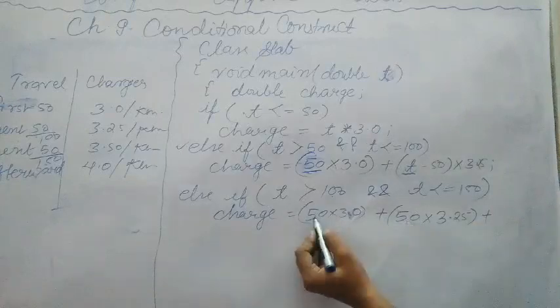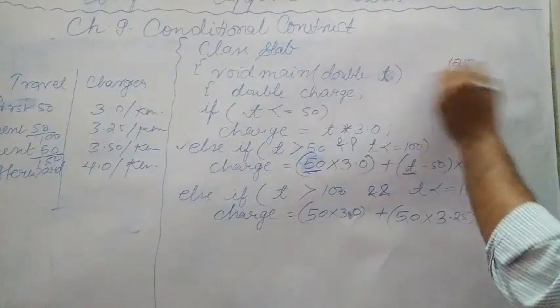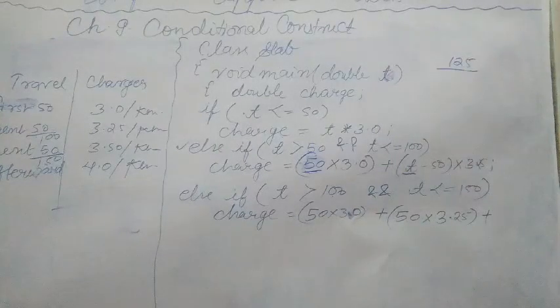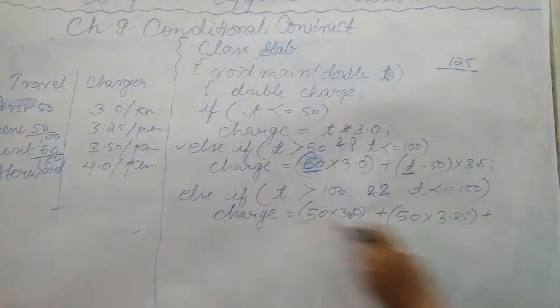So 50 you have covered, 50 you have covered. Suppose one is found to run 125 kilometers. So 125 is greater than 100 and less than or equal to 150. So it will fall in this condition.